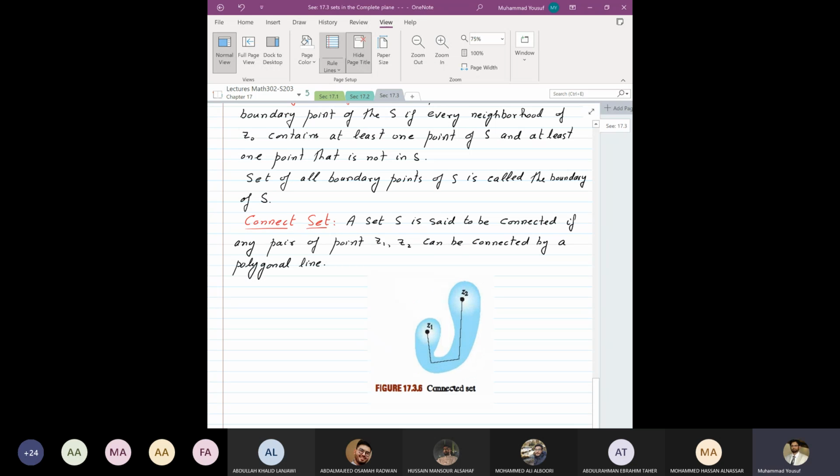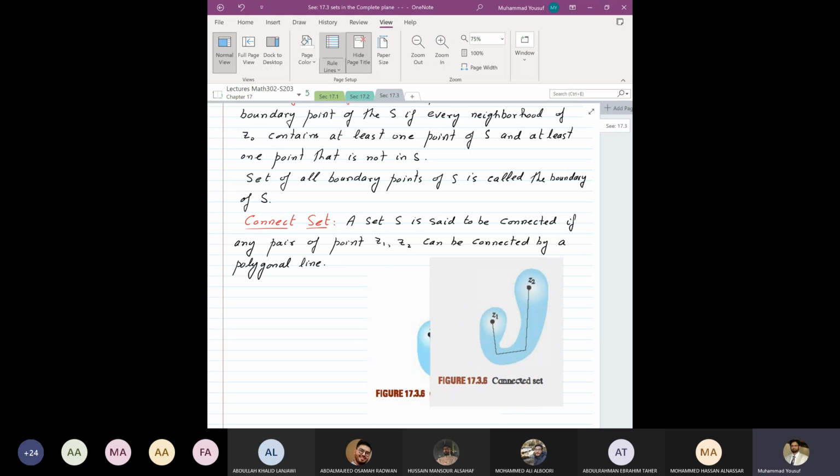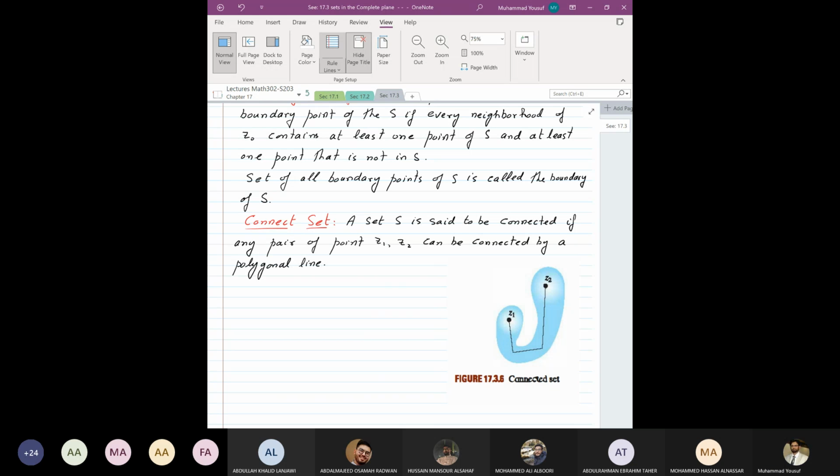For example, this set is a connected set. We take 2 points, and we can make some straight lines to connect these 2 points. If this happens, then we say that this set is connected.